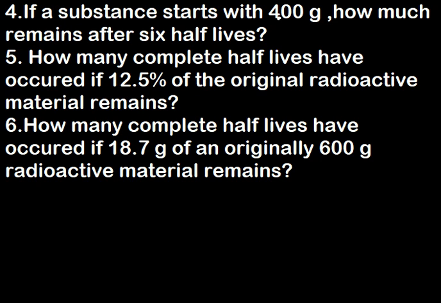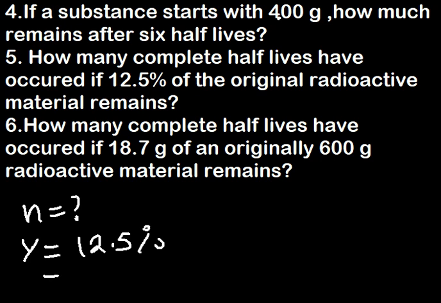And how about the other question? Now, how many complete half-lives have occurred if 12.5% of the original radioactive material remains? Now we are looking for the number of half-lives. What we have been given there should be the fraction remaining, that is 12.5 percent, or can be given as 0.125.